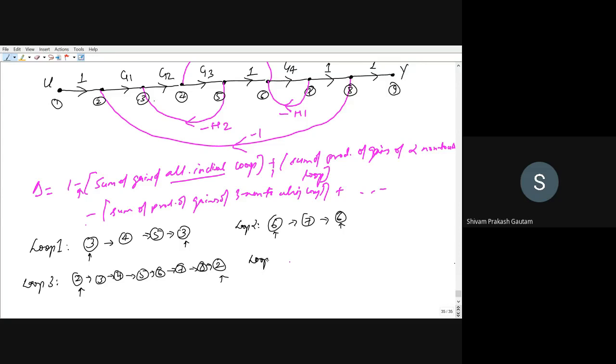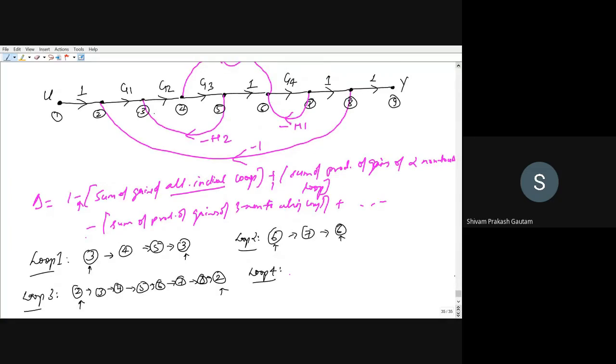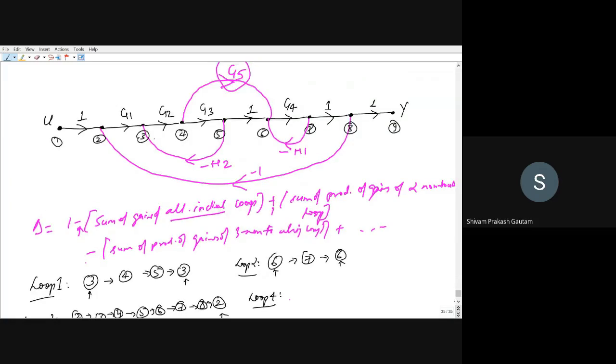Now we will see loop 4. Check whether any loop 4 is there or not. Check whether there is any loop present or not. No, sir.